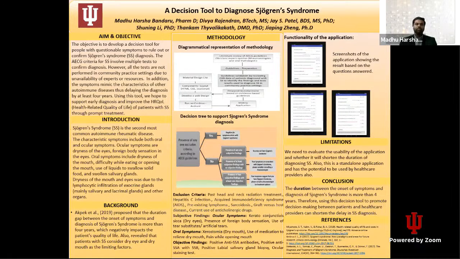Yes, we can use that, but the gold standard guidelines, the AECG guidelines, involve multiple tests. But with these guidelines, we have used the results and tests done in community practice settings. That's the reason why we have developed these guidelines from the gold standard guidelines.